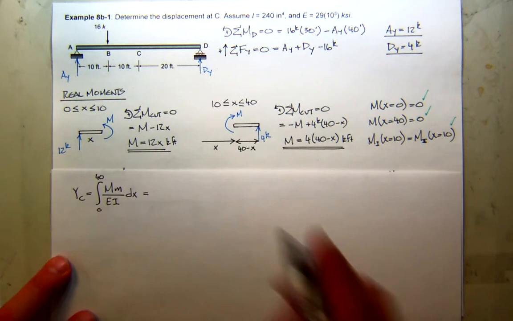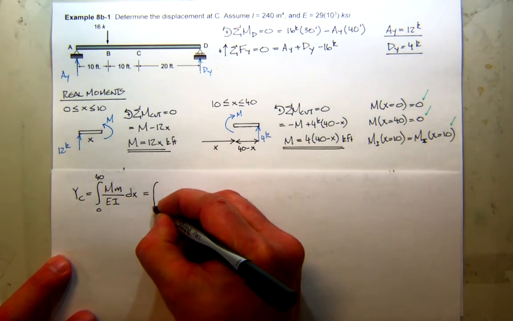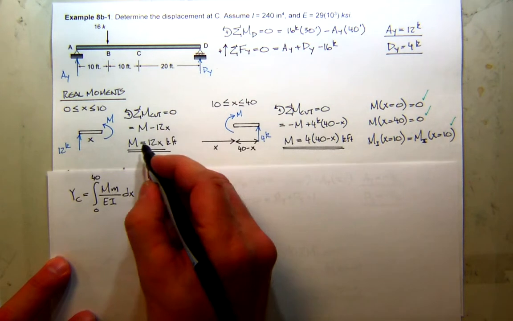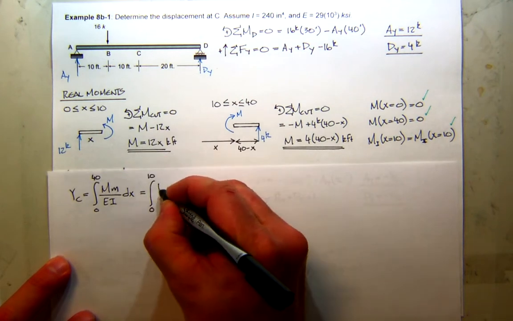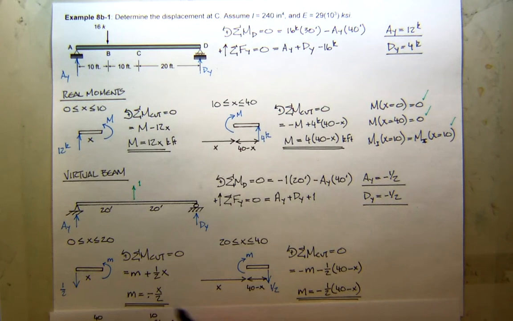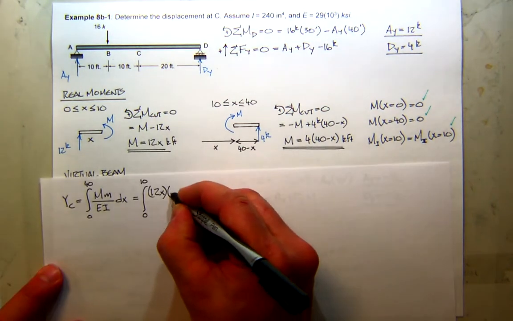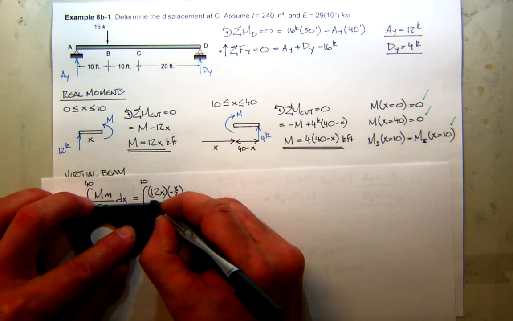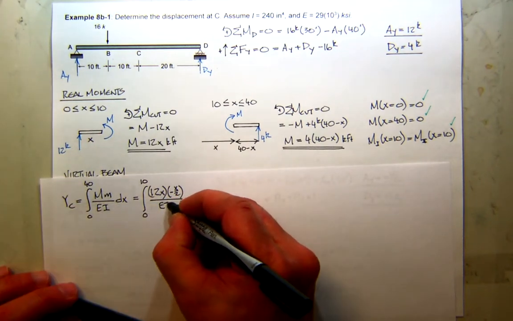So what we're going to have is the integral from 0 to 10 of the real moment, which is 12x, times the virtual moment, which is negative x over 2. I should have factored my EI out, but I didn't, so I'll just have to do it this way right now.